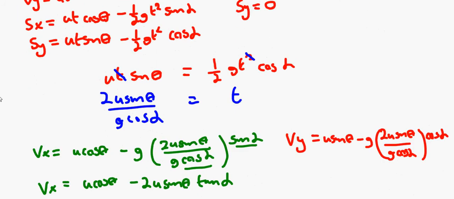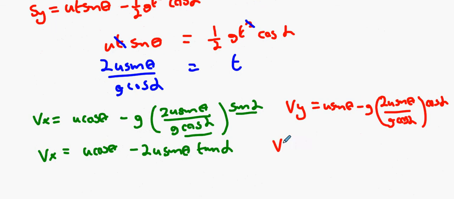Check and verify, done. Alright, Vy has to be definitely negative. So the cos alphas cancel and the g's cancel. That leaves u sine theta minus 2u sine theta, which gives us minus u sine theta.